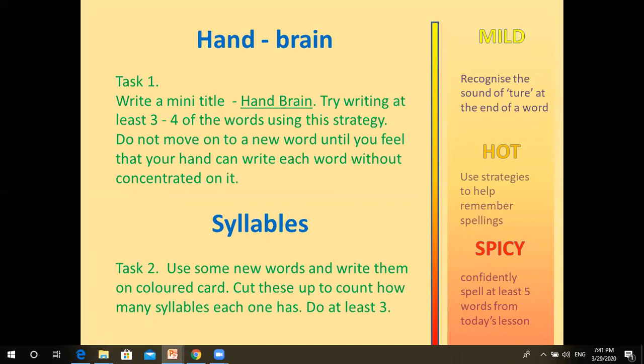Do not move on to a new word until you feel that your hand can write each word without concentrating on it. Syllables: use some new words and write them on colored cards. Cut these up to count how many syllables each one has. Do at least 3.